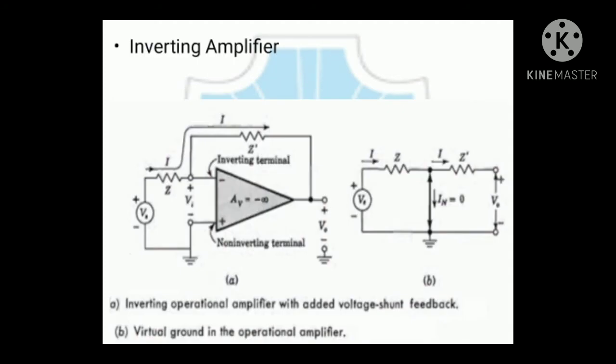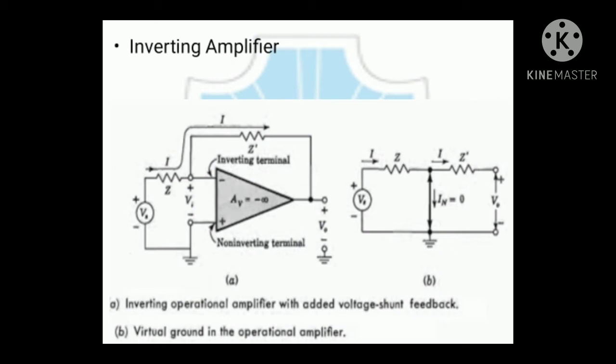There is a very interesting concept of virtual ground in this inverting amplifier. As I have already told you, both the input terminals are at the same potential, that is V plus and V minus are at the same potential. So the non-inverting terminal, that is the plus terminal, is grounded. Therefore the inverting terminal is also at ground potential. This is called virtual ground.